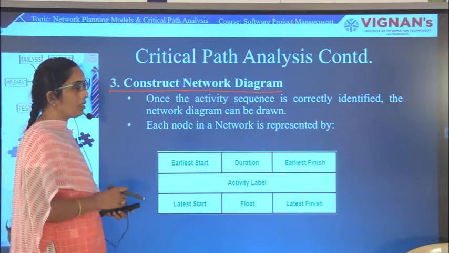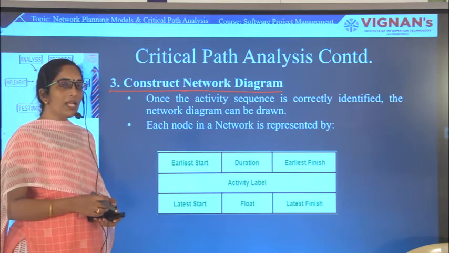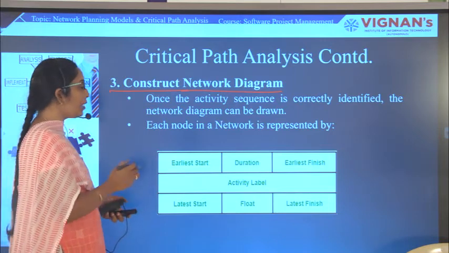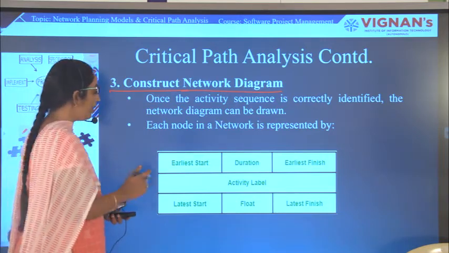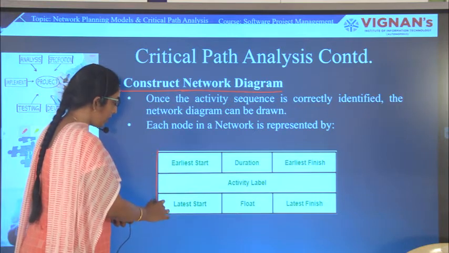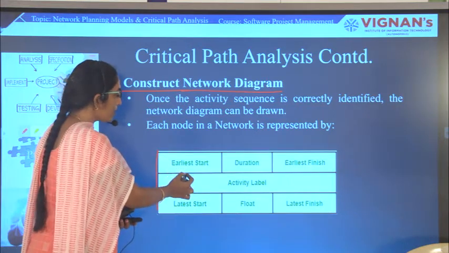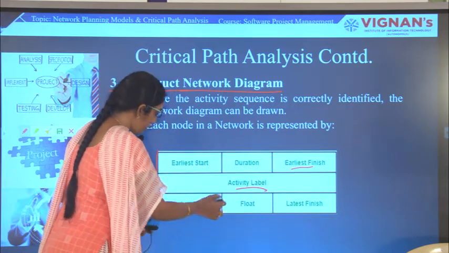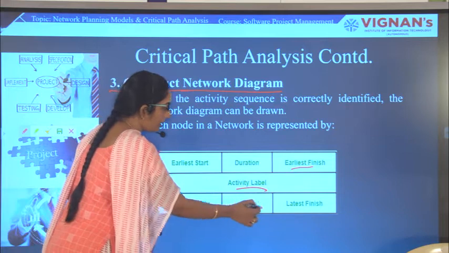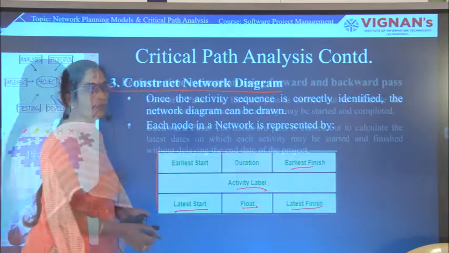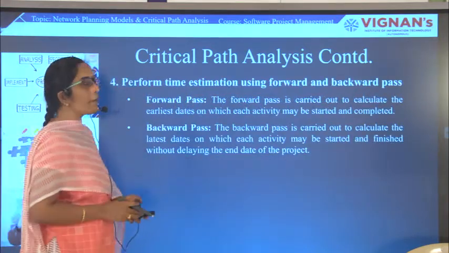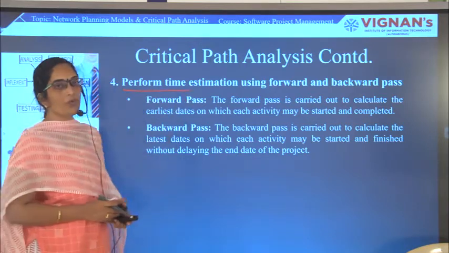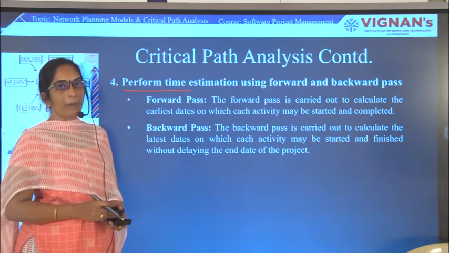As critical path analysis makes use of activity on node, each node will have this format: earliest start, duration, earliest finish, activity label, latest start, float, and latest finish. The fourth step is perform time estimation using forward and backward pass.